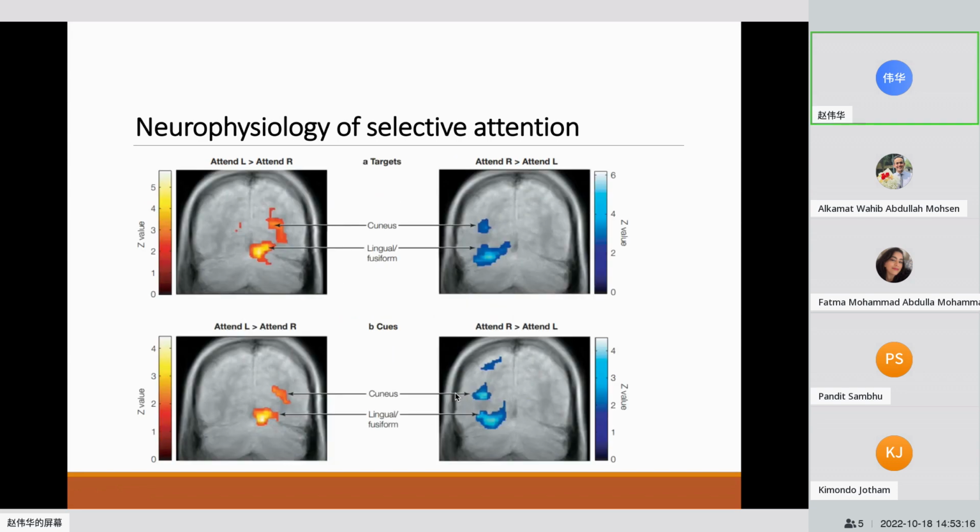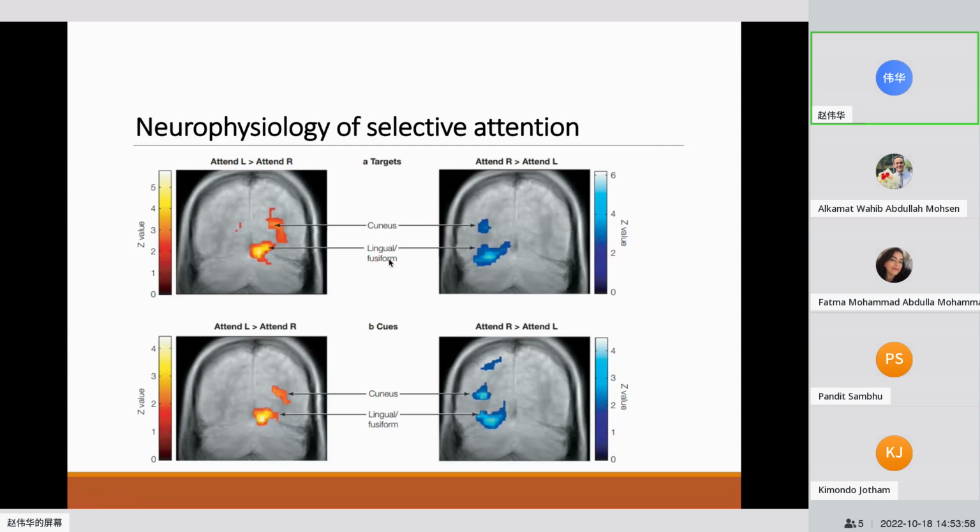And this one, you can compare these two slides. We can see the same visual cortical activation in these two pictures between the contrast, although it also showed the contrast between attended versus unattended, including the cuneus and the lingual or fusiform gyrus, as in the previous slide, but collapsed over a group of 6 participants.